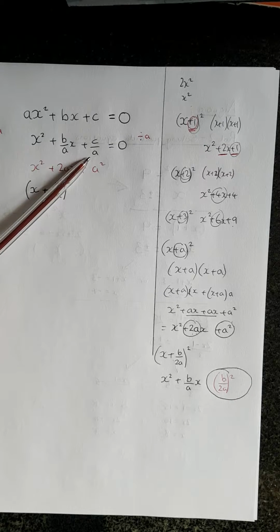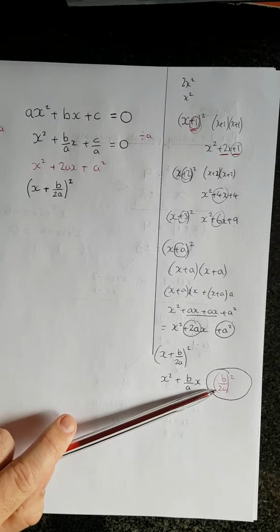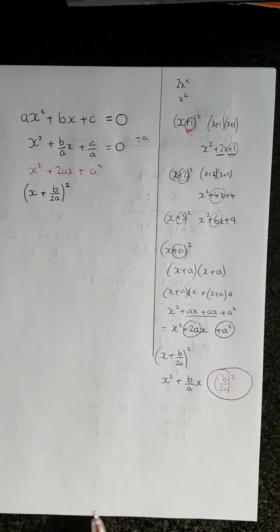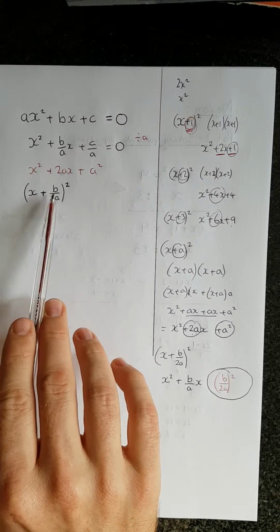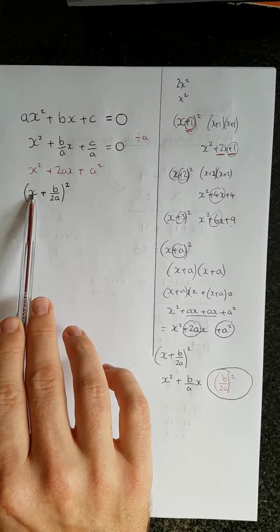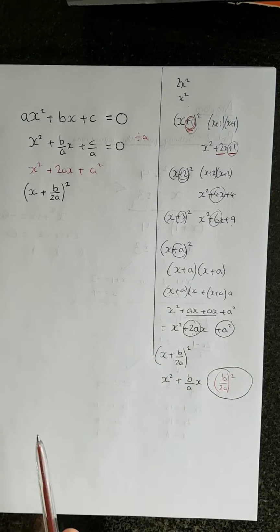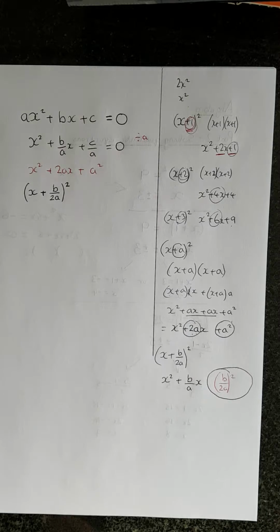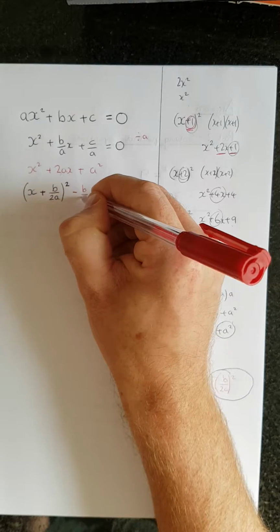But look at what I had. I didn't have b over 2a squared. So this bracket is going to create a term that I don't want. So I know that I've put these two here to get the x squared and to get this. And I've accidentally created the last number to be wrong. So I'm going to take that number off.